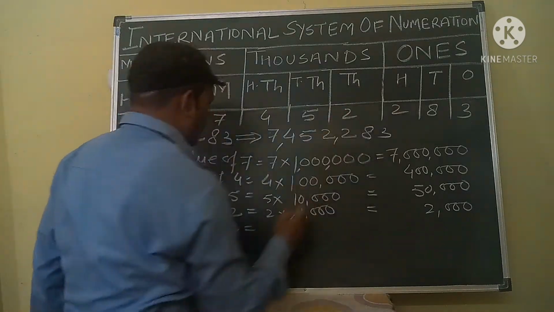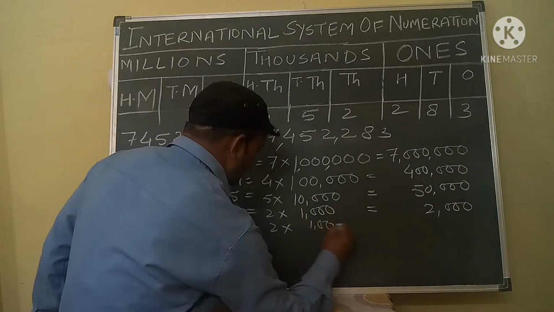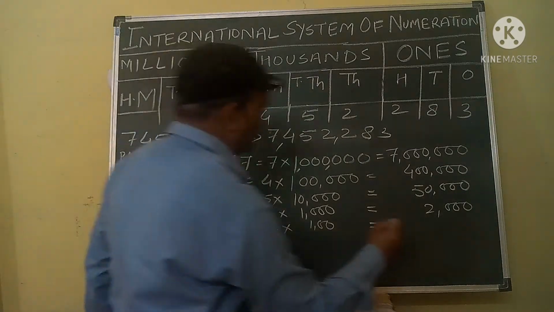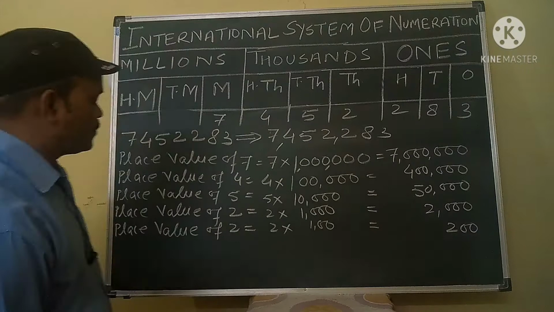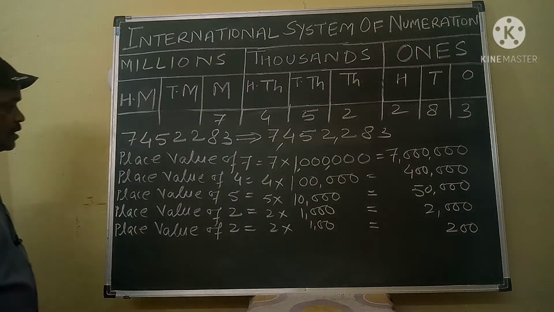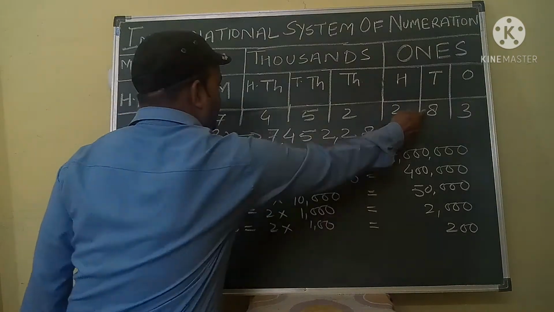Two is in hundreds place. 2 multiplied by 100 will give you 200. Okay.